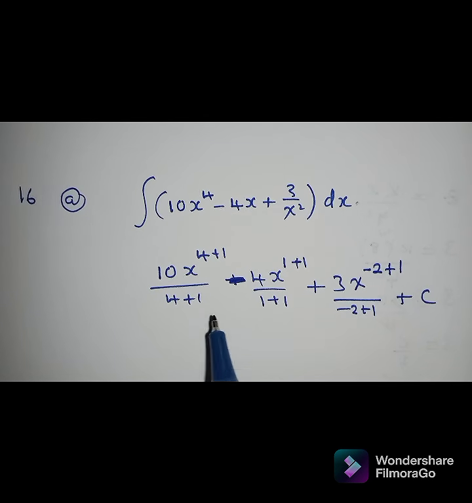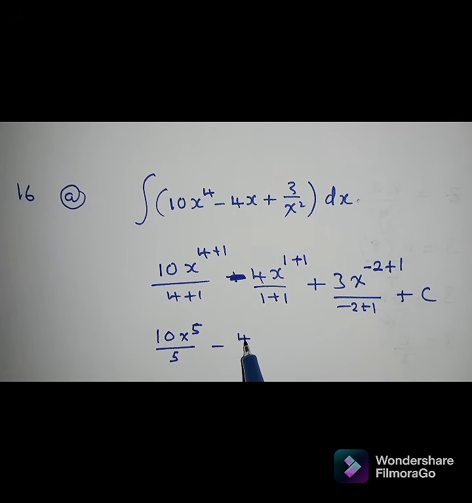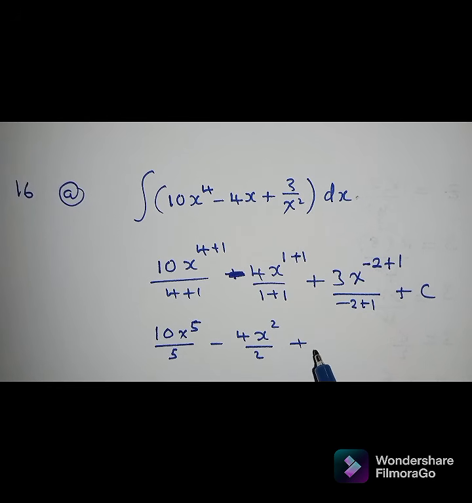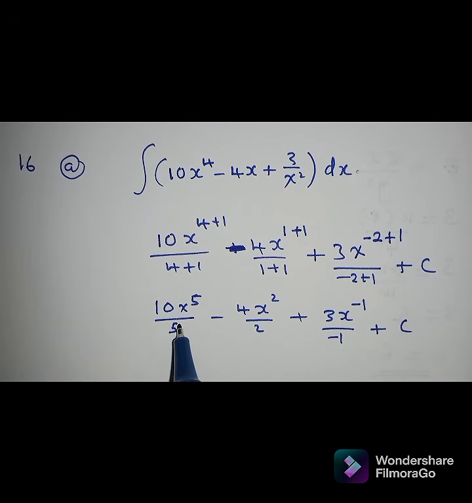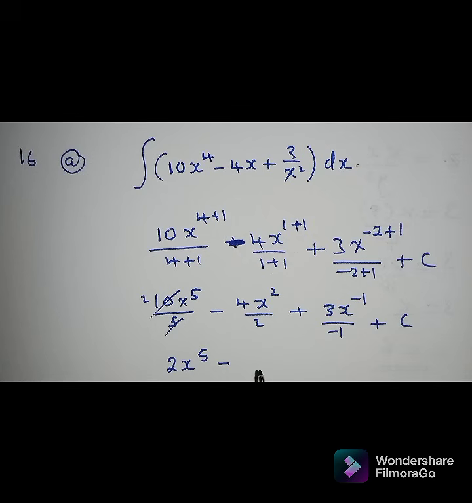There's a constant. So over here, let's clean up. We have something like this. Here we have 4x power 2, over 2, plus 3x power negative 1, plus c. So we know that 5 can go into 10, it's 2. So I have 2x power 5 minus 2x power 2.